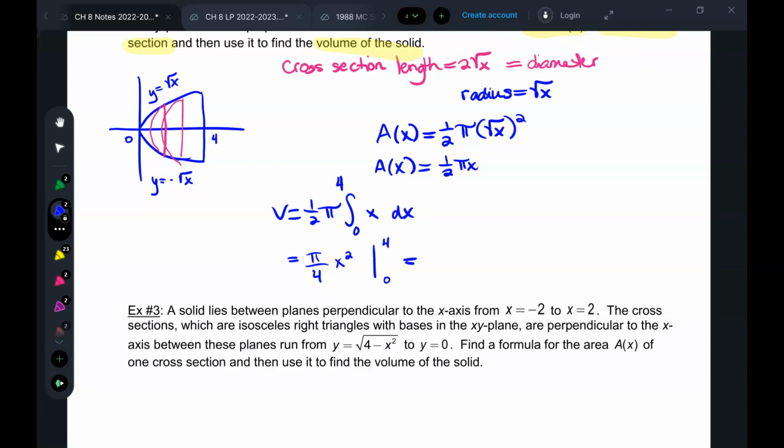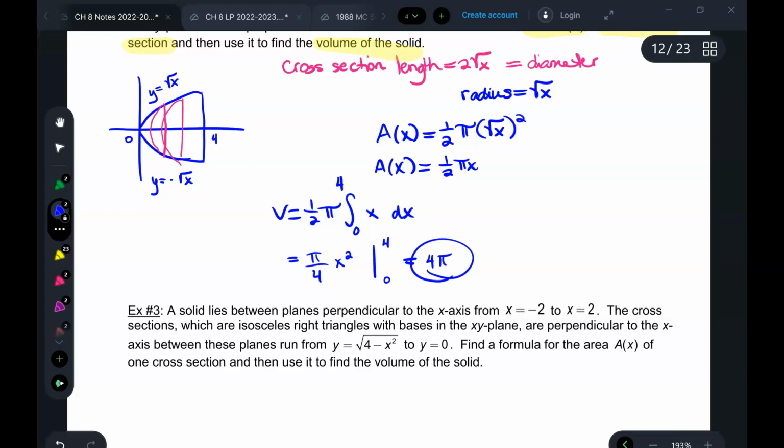Right? And then what do we get? So this would be x squared over 2, so I just combined it to make it over 4, and plug in 4, we get 16 pi over 4, or 4 pi.